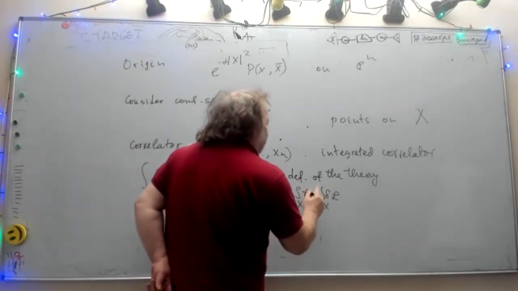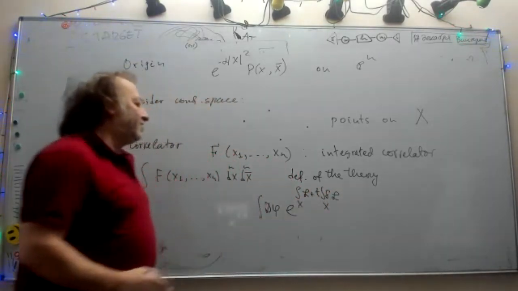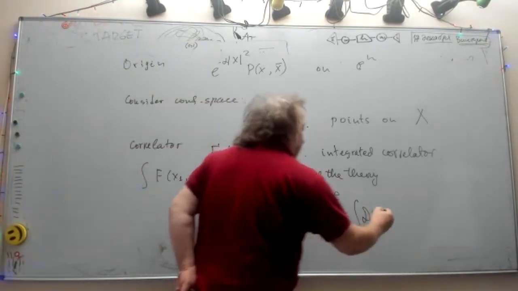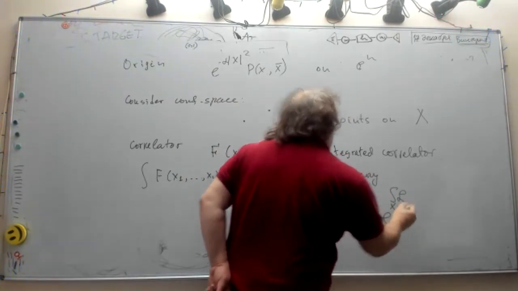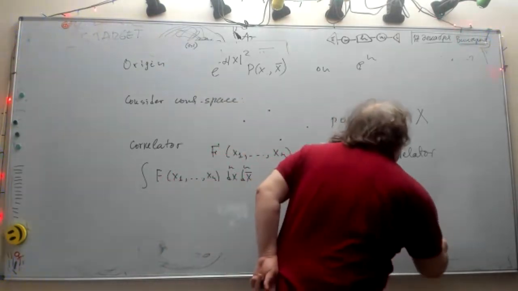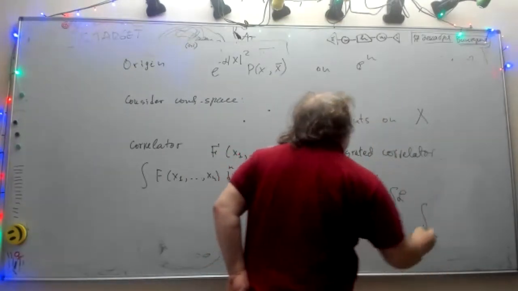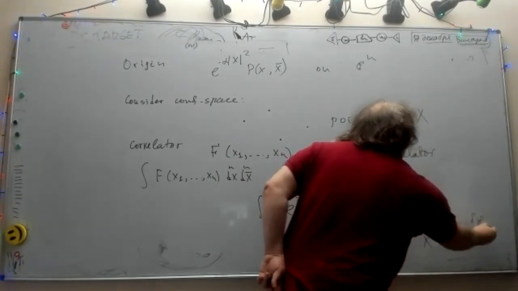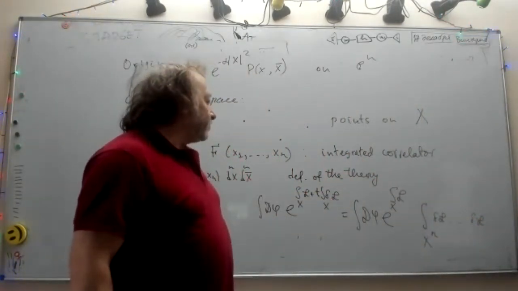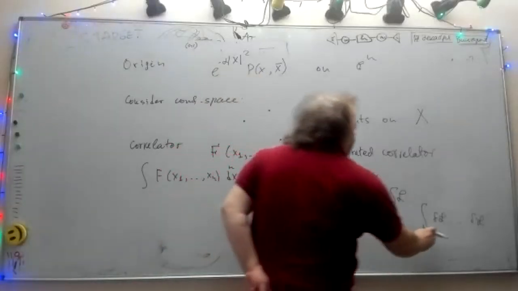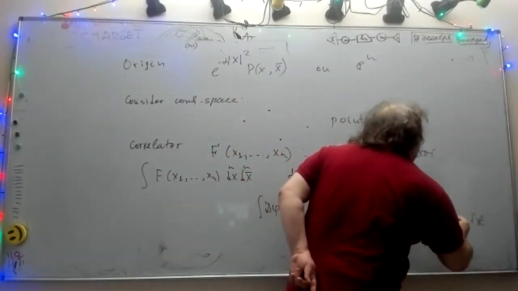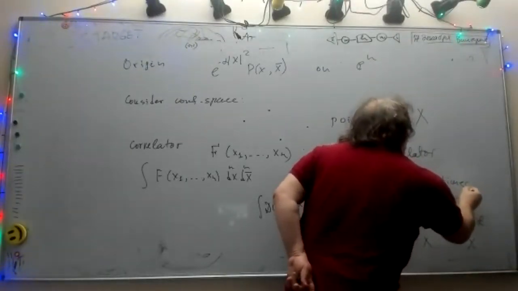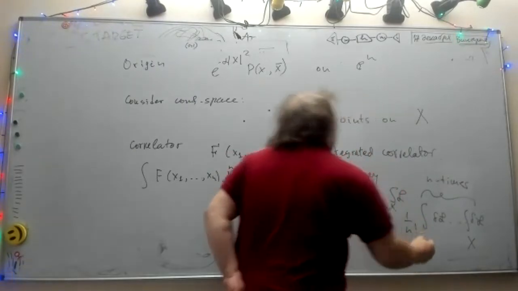And I say that I would like to consider things perturbatively in T. Okay, I'll write it like this, n times, and here I have 1 over n factorial.